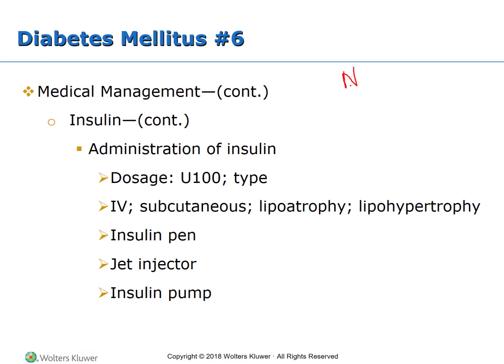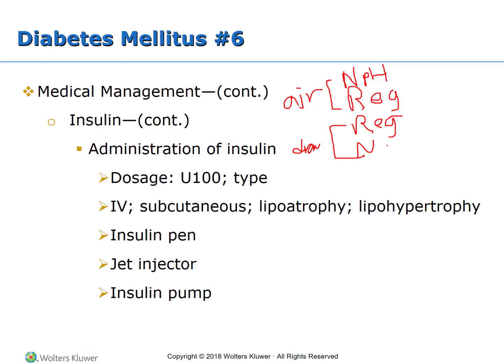If I need to mix insulin, I go by N, R, R, N. Basically it means first you inject air into the NPH or the cloudy vial. Then you inject air into the regular insulin. Now you flip it over, then you draw the medication from the regular insulin, and then you take the needle out and draw from the NPH.